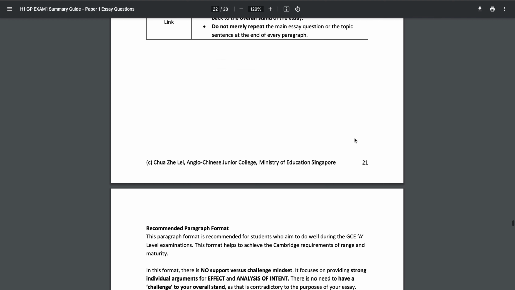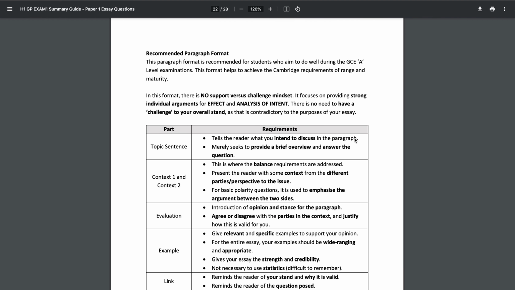Now, this is the one I recommend for most. If you want to do well, this is the one you use. This will help you to achieve the range that Cambridge has set out in your conceptual understanding. Like I said, this paragraph format has no support versus challenge. There's no such thing as support and challenge. You are providing individual strong arguments for effect, and I want to analyze intent.